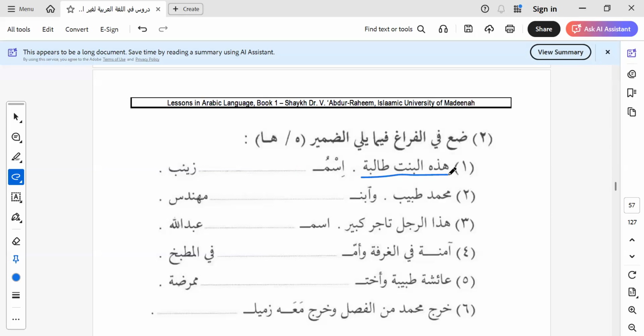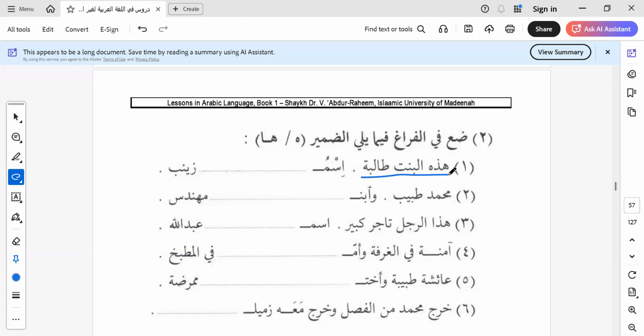Adi is mubtada. Al-bint talibatun is khabar. No. هذه, yeah. هذه مبتدا, البنت خبر. Yeah, al-bintu is a khabar, right?